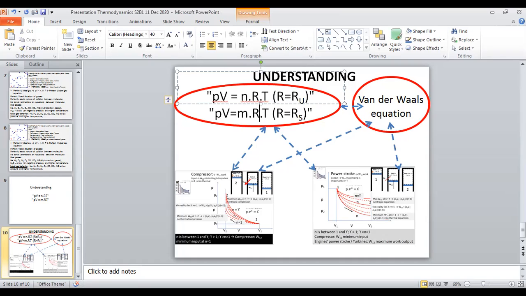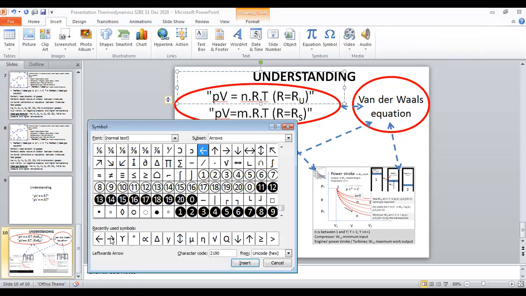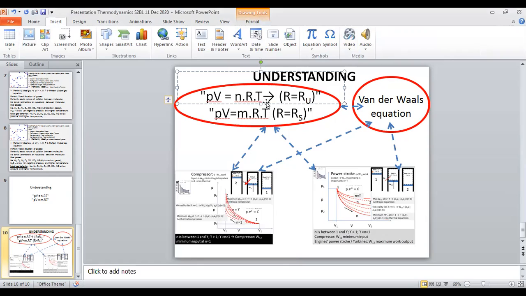In nRT and mRT, the R's are different. That's why I put here. For this case, nRT, R is R_U, and in mRT I will put R is R_S. Okay.